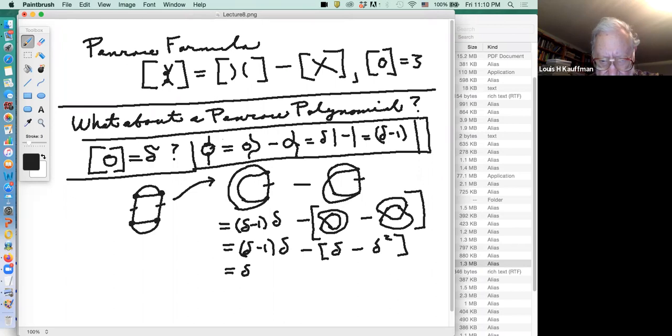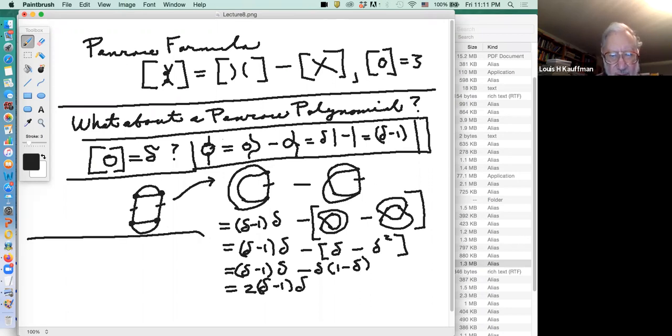So I get delta minus 1 delta minus delta times 1 minus delta, which is delta minus 1 times delta. So I get 2 times delta minus 1 times delta. All right. So I can calculate a Penrose polynomial for a perfect matching that I've chosen.